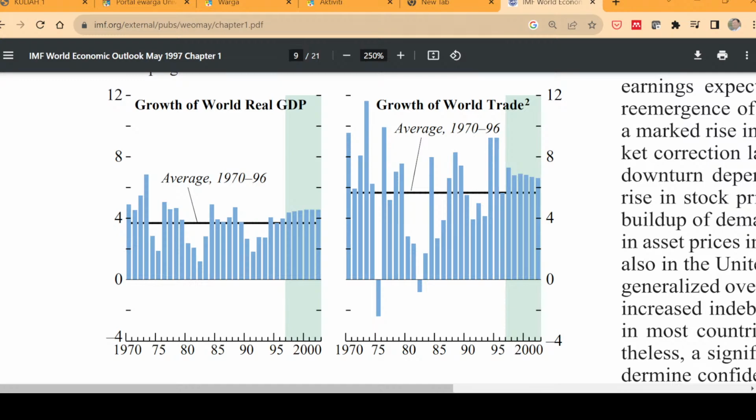International trade goes down, the rate of growth of the world economy also goes down. International trade goes up, world economy also goes up. Positive correlation between international trade growth and world economic growth. They follow exactly each other.